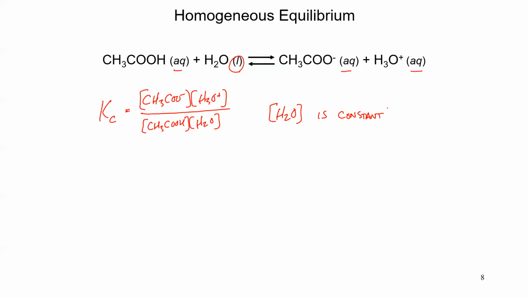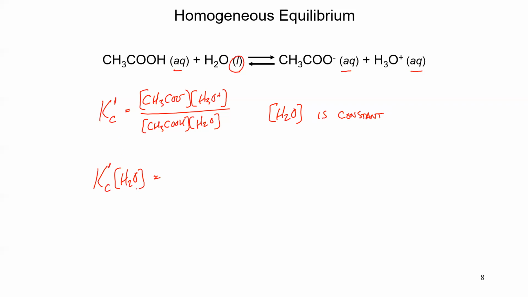Since that's true, we can bring it over with our other constant, Kc. And so Kc times the concentration of water, we give a new symbol, and we talk about this as Kc prime.